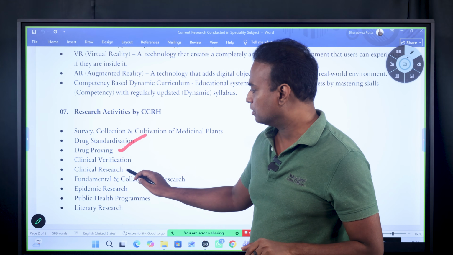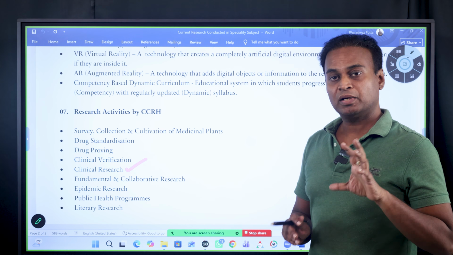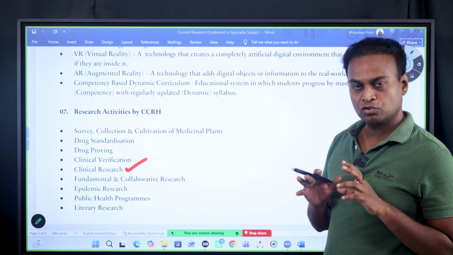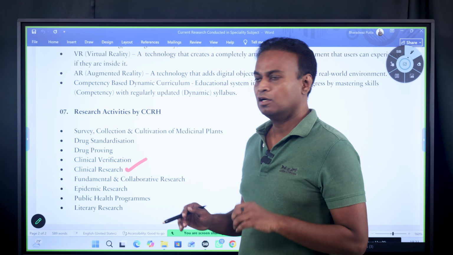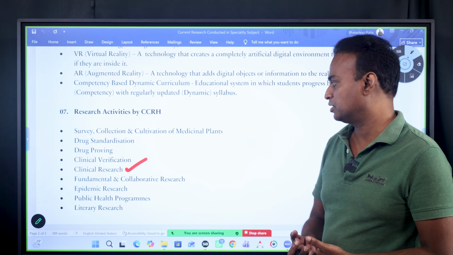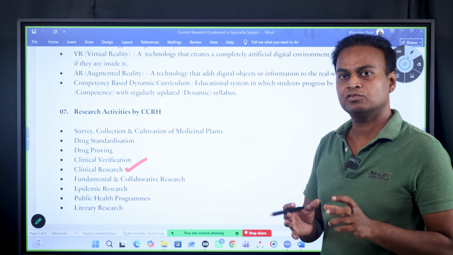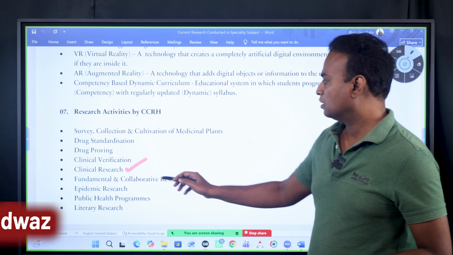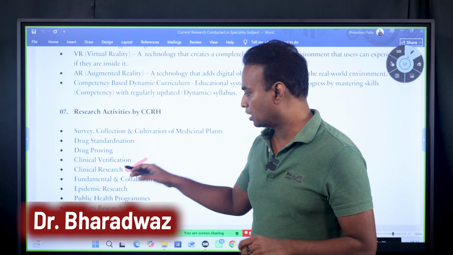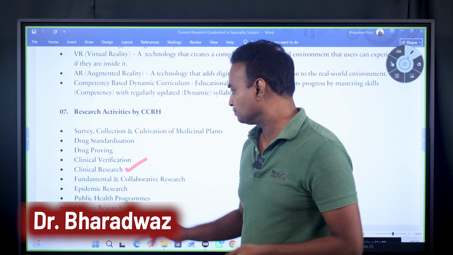Here in clinical research, we are treating a particular disease condition. So the common research is RCT, randomized controlled trial, and the next common one is observational trial. It is not completely observational, I can say semi observational trial, where it is a quasi trial with one arm. Okay, these are the 2 types of research conducted by CCRH under the group of clinical research.